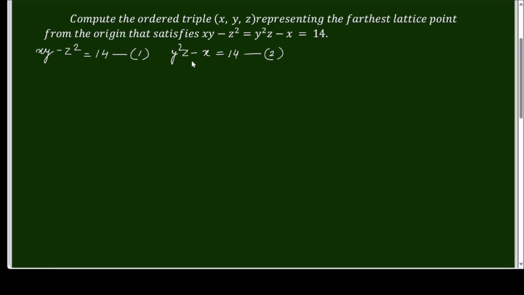So let us multiply equation 2 with y so that I'll get an xy which can be eliminated. So multiplying equation 2 with y and adding to equation 1.